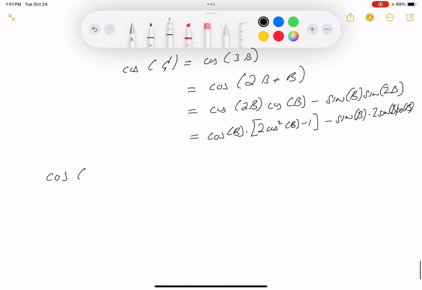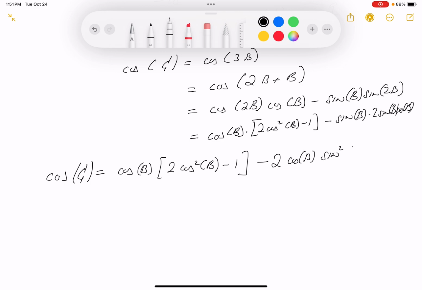Let's write this over here, cosine of C. I'm trying to show this is true, by the way. Is cosine of B, 2 cosine squared B minus 1, minus, I'm looking at this guy, a little chicken scratchy, isn't it? It's going to be 2 cosine B, and then I get sine squared.